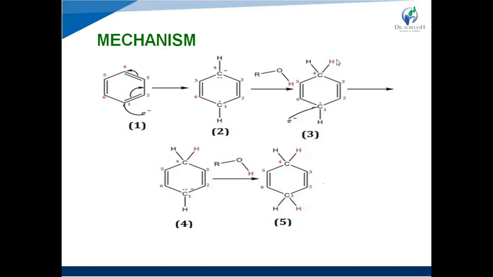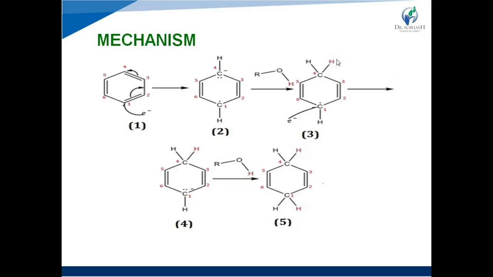In the next step, that is the protonation of this fourth carbon, the alcohol molecule provides the proton, H plus ion, and causes the protonation of this fourth carbon. This fourth carbon has the free electron pair.